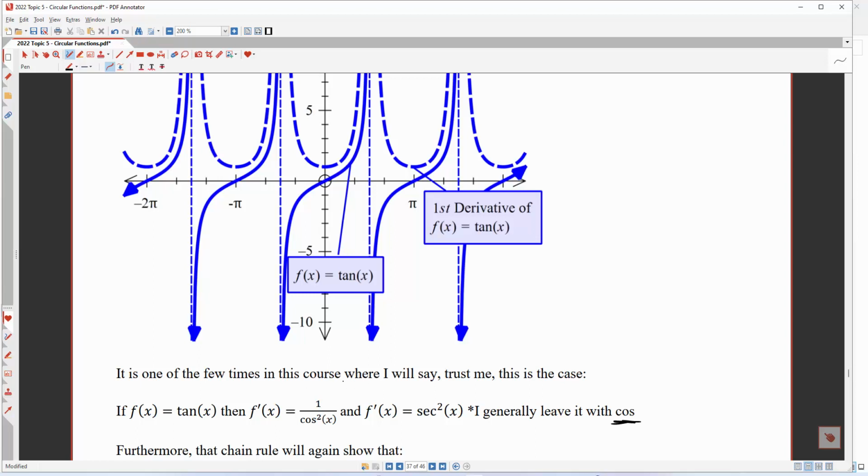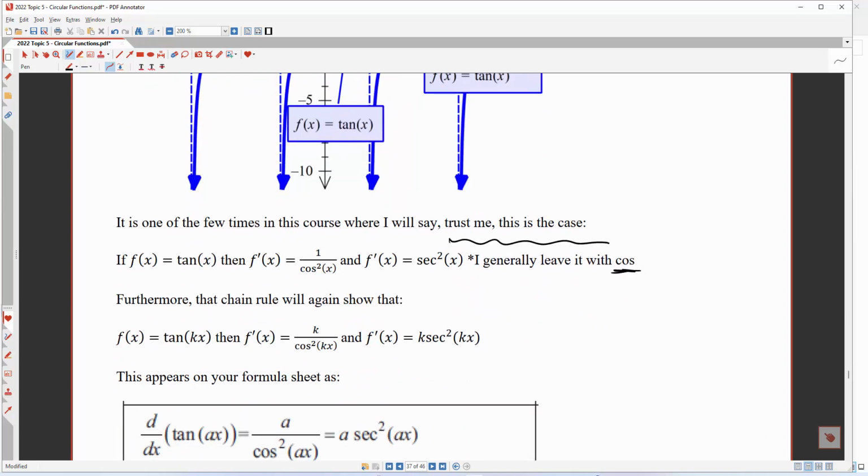Well, unfortunately, I'll just say this. Trust me, this is the case. It's not a great thing to do, but if you look at the graph of 1 over cosine of x all squared, it produces this derivative function here. And that's why that is equal to that.